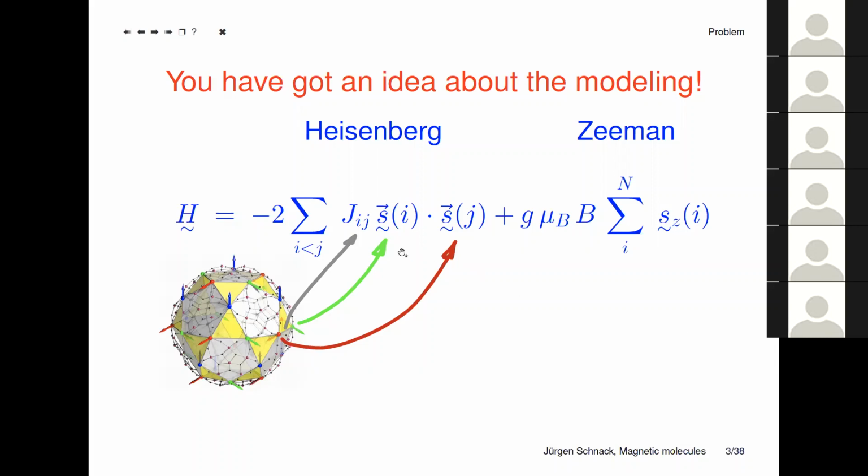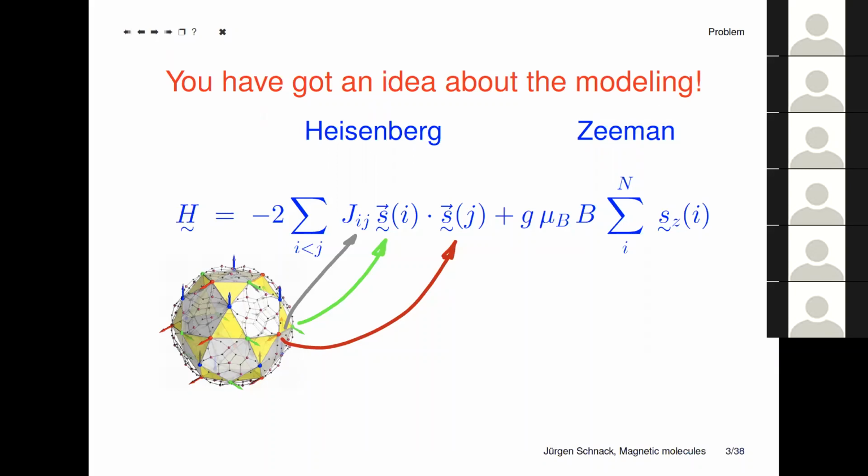And if you follow my mouse, this Heisenberg term, if you're not so familiar with this, contains spin operators that describe spins sitting at certain vertices, here labeled with i, or the red one with j, and they interact with an exchange interaction that I denote with a capital J_ij.